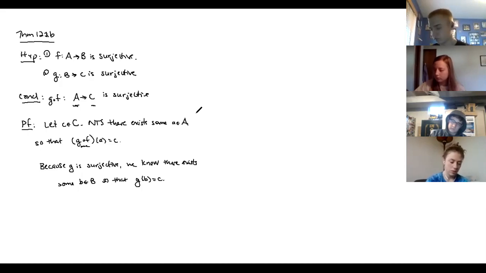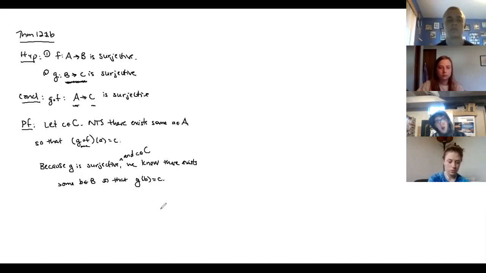Because G is surjective, and little c lives in capital C. So because G is surjective and little c lives in capital C, we know there exists some b living in capital B so that G of b is equal to c. Looking up here, I wish I could point at the board, but I can't, so we're doing it this way. G goes from B to C, right? So if I've got something in the codomain of G, it has to have an image.